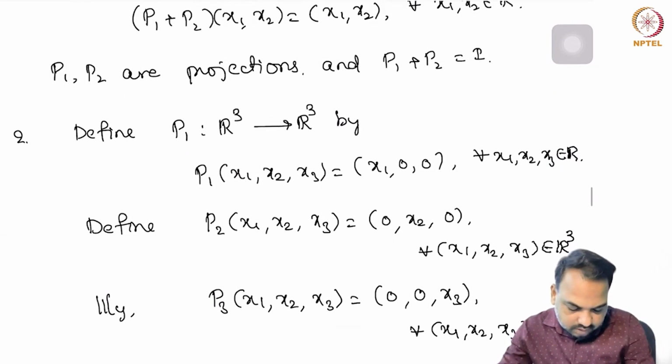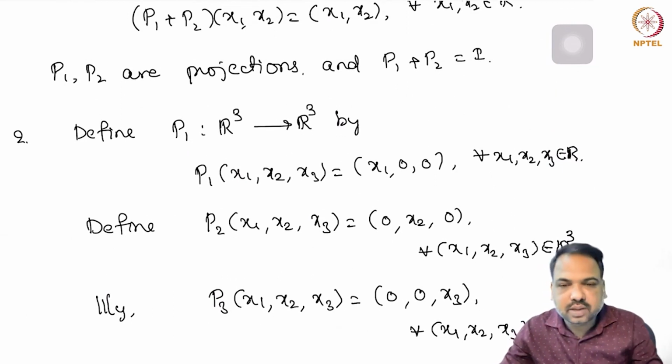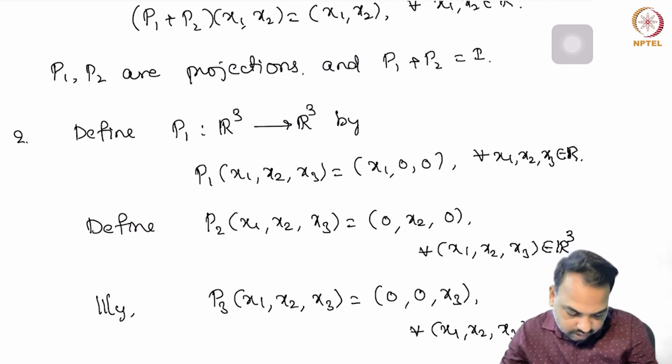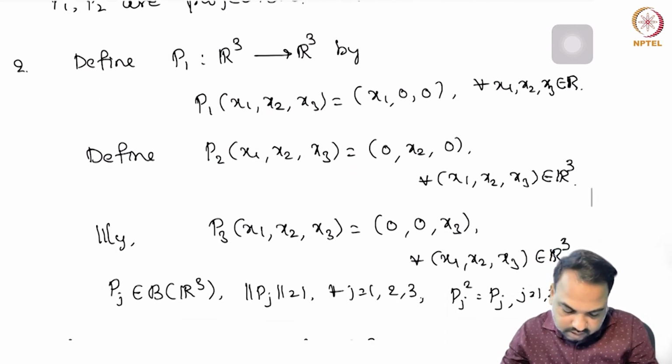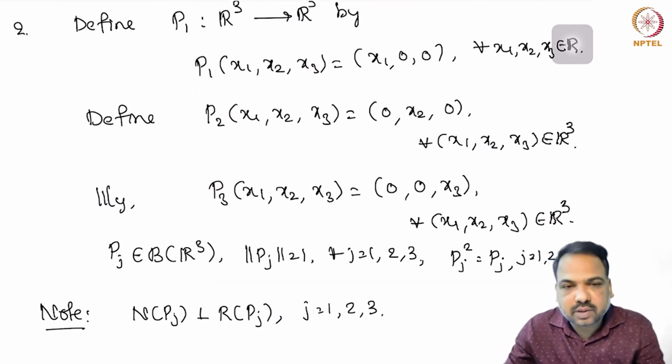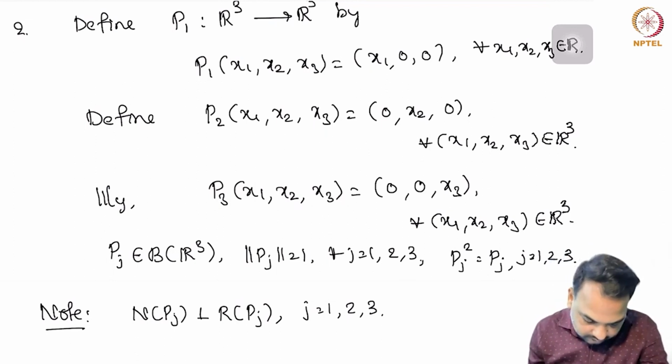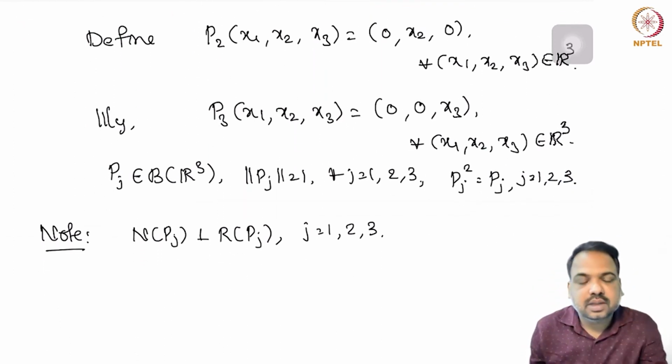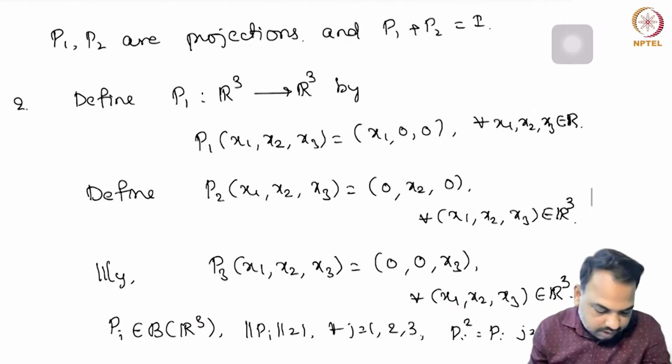For example, the null space of P1 is the yz plane, whereas the null space of P2 is the xz plane, and the null space of P3 is the xy plane. So in each of these cases we can conclude that null spaces are orthogonal to the range.